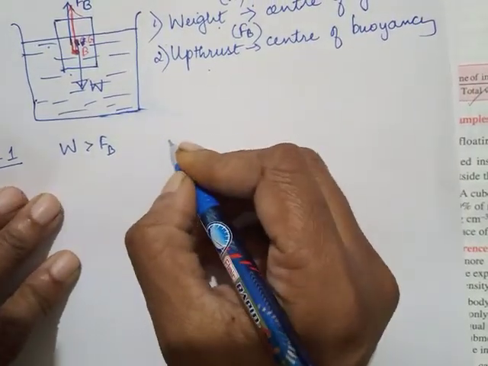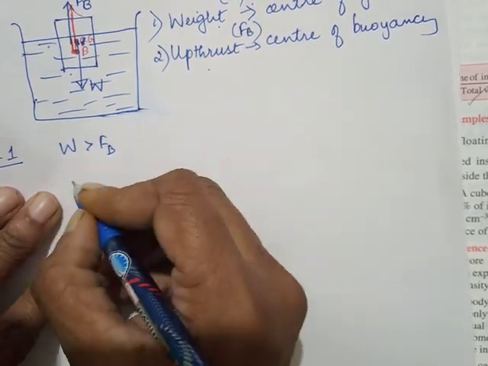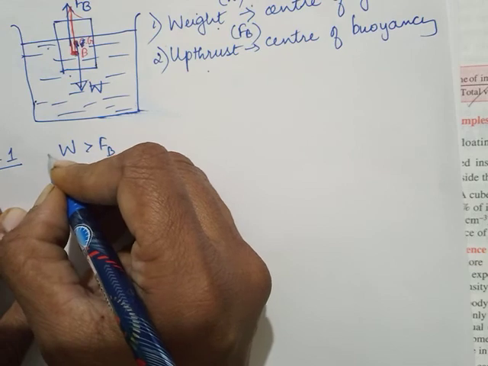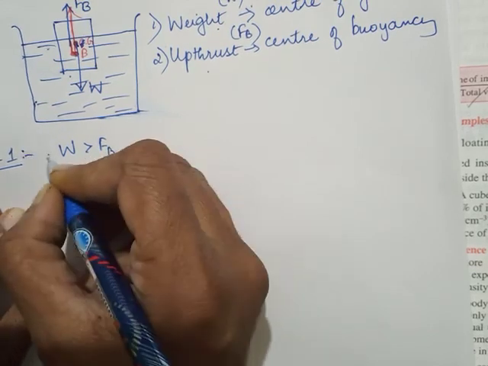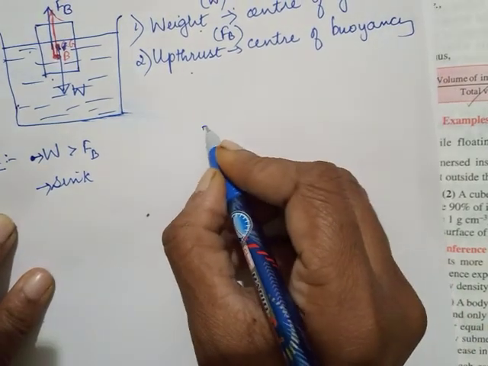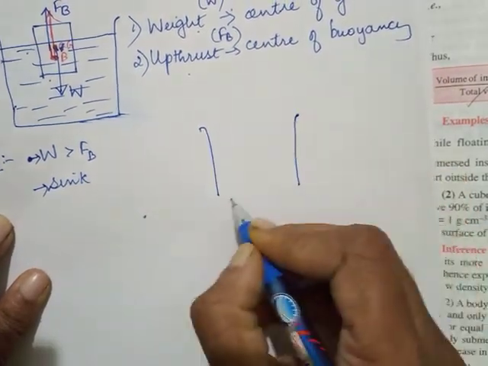W greater than FB. In this case, what will happen? The body will sink fully. It will be fully inside water.